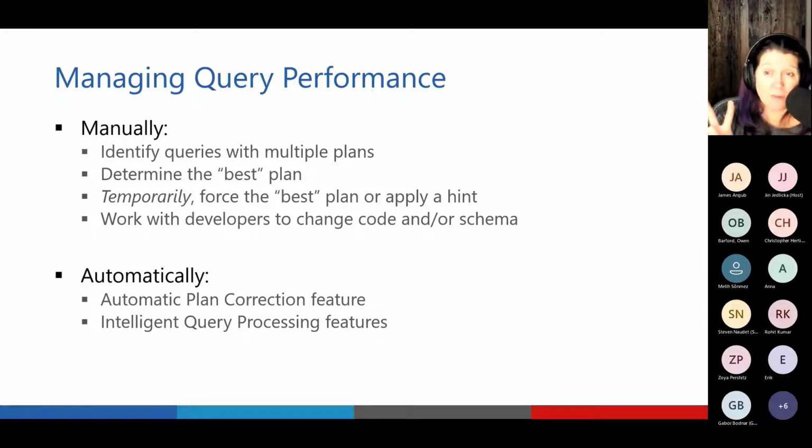Either one of those, you have two options. And then behind the scenes, work with your developers to change the code or the schema. Automatically, you have automatic plan correction, and then you have some of the IQP features that are coming in later sessions.